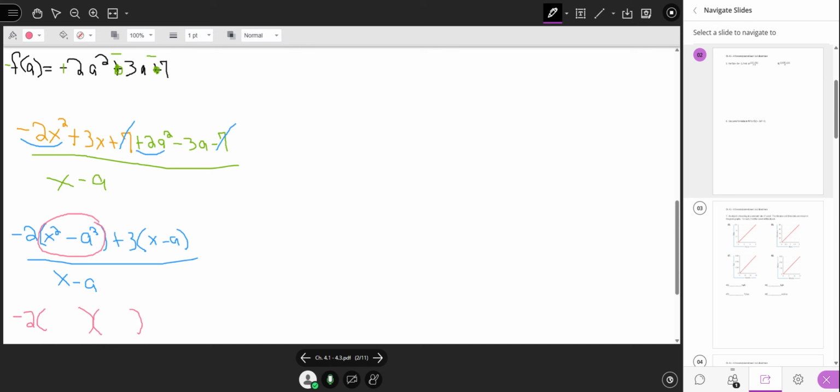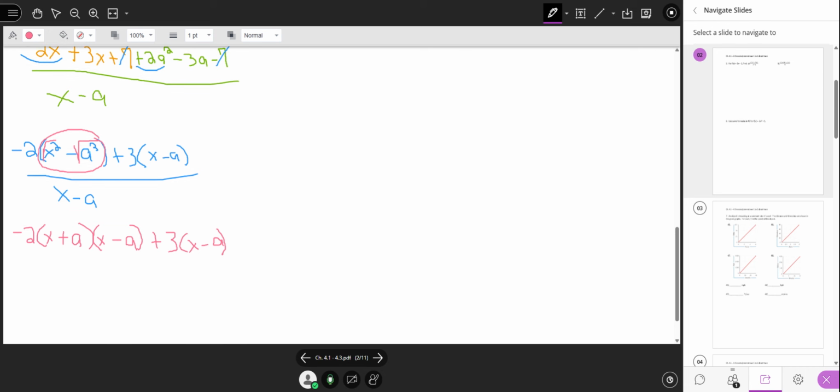Put 2 parentheses, plus in the middle of one, minus in the middle of the other. Square root of each. So it's not too awful bad. Not horribly bad.